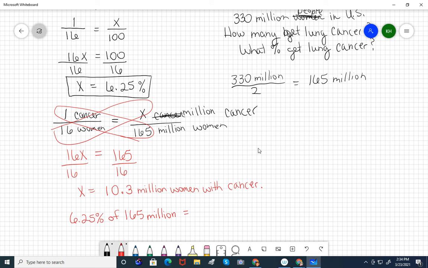We've been doing our percentages, 0.0625 times 165 million. And that comes out to equal, of course, the same thing, 10.3 million women with cancer.